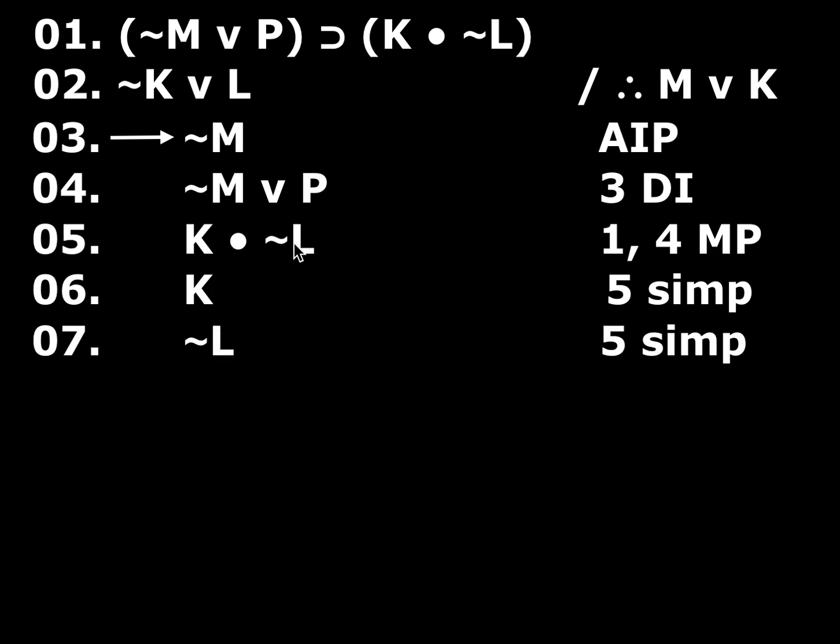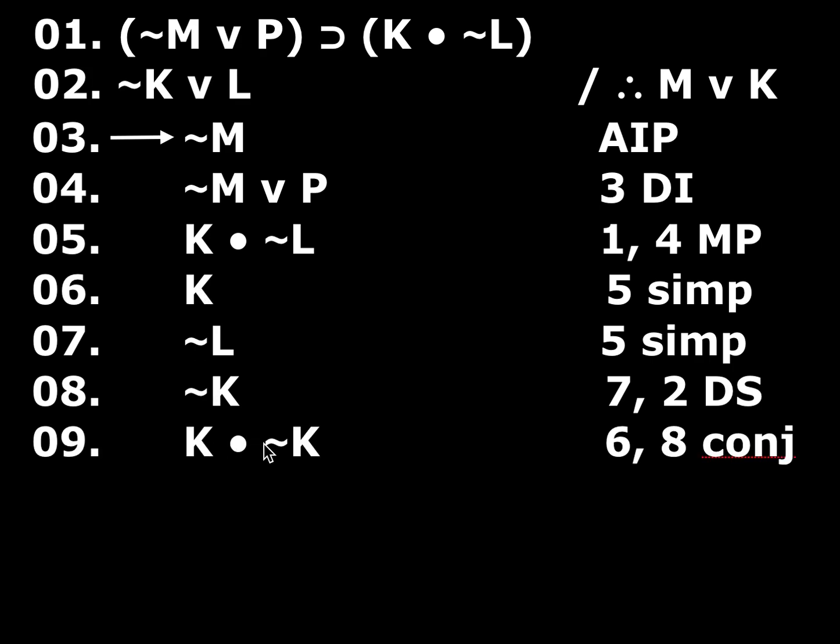So I'm going to simplify off K and L from line 5. And then I'm going to do disjunctive syllogism on 7 and 2. Disjunction, I have the negation of the second disjunct. I've got not L, so I can derive K, not K, by DS. And then look, K and not K. So I've got a statement conjoined to the negation of that same statement.